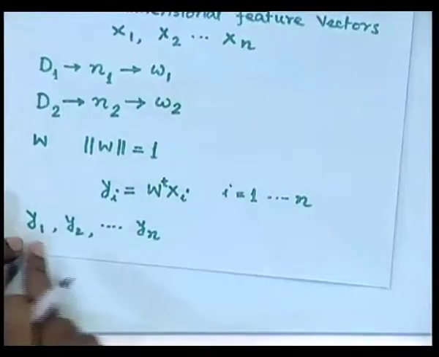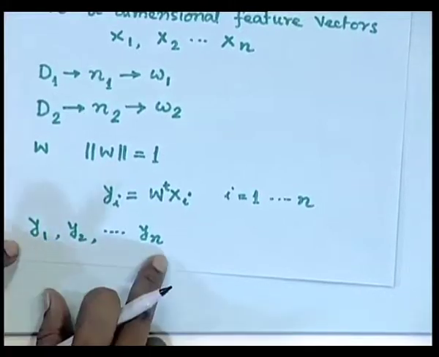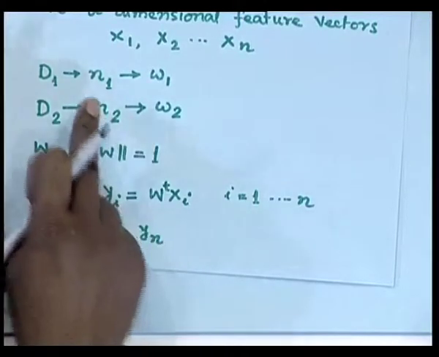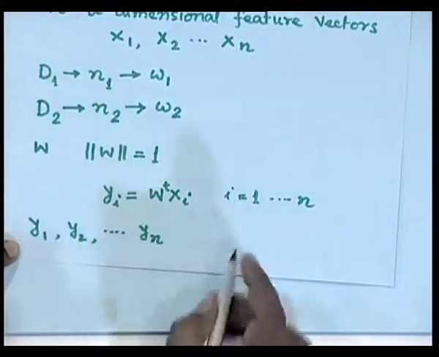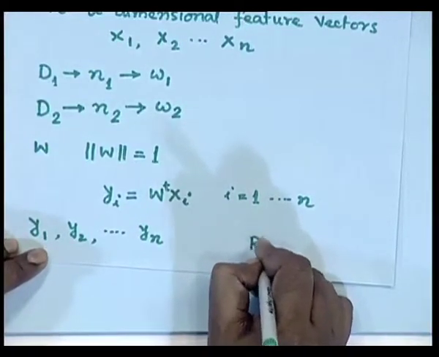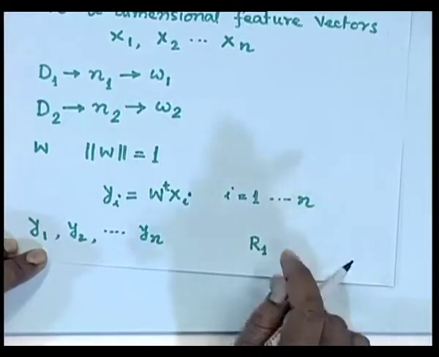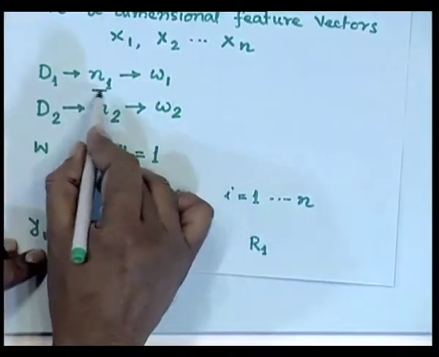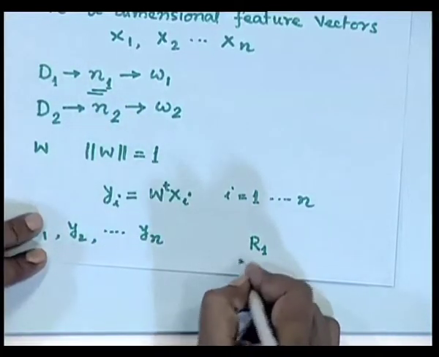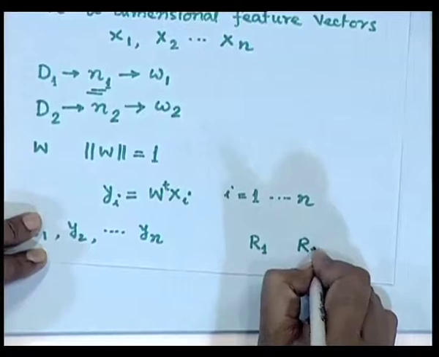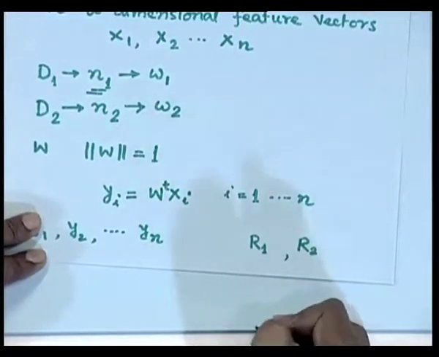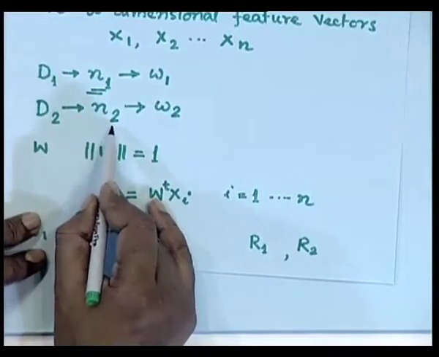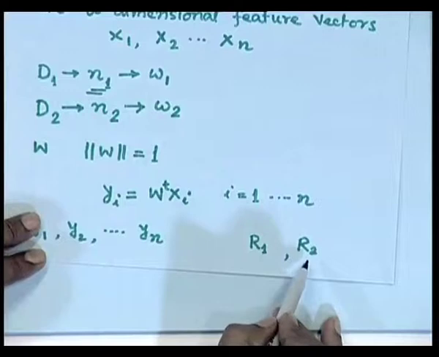When I have all these projected vectors y 1 to y n, the projections of these N 1 samples I call set R 1. Similarly, set R 2 is the set of these N 2 projected vectors.